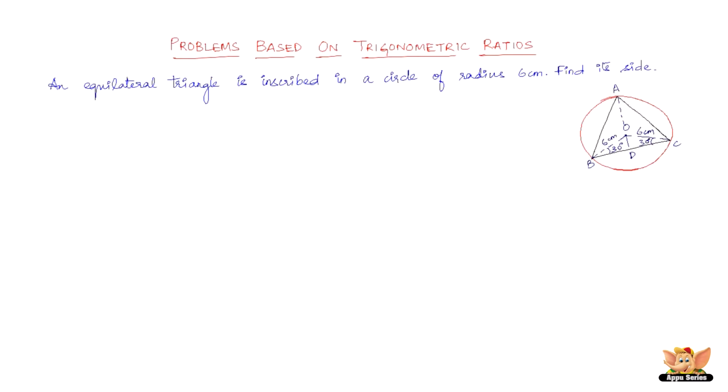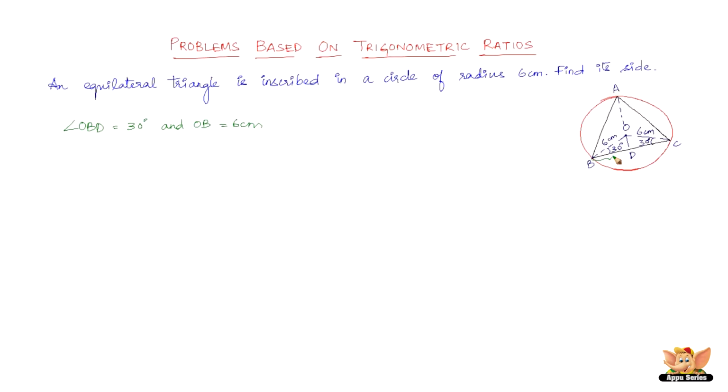Now, let's consider the triangle OBD, which is right angled at D. We have angle OBD equal to 30 degrees and OB equals 6 centimeters. Now what we have to find is the side of the triangle.